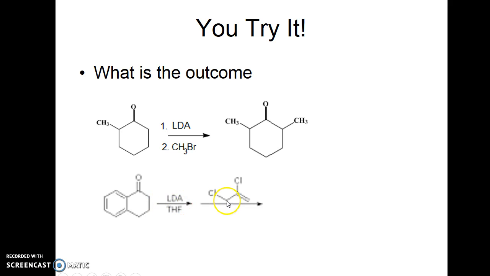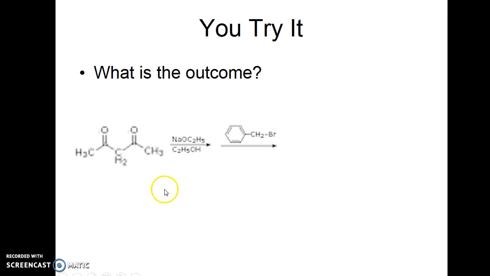LDA, here is the center at which nucleophilic substitution can occur. You can't have it, remember, on an sp2 carbon. So what happens? We get the enolate, and it does an SN2 on the primary carbon, and we end up getting this alkylated ketone.